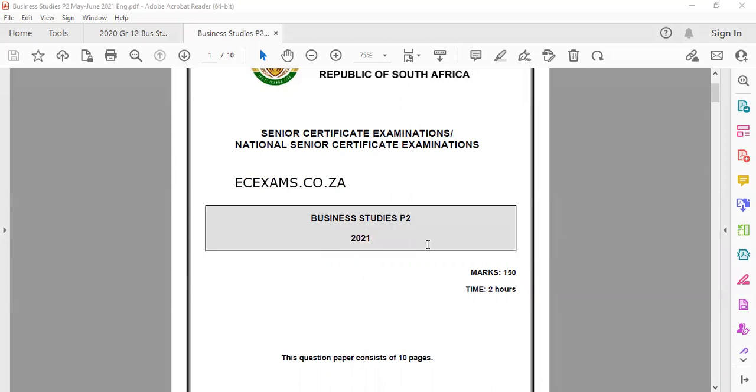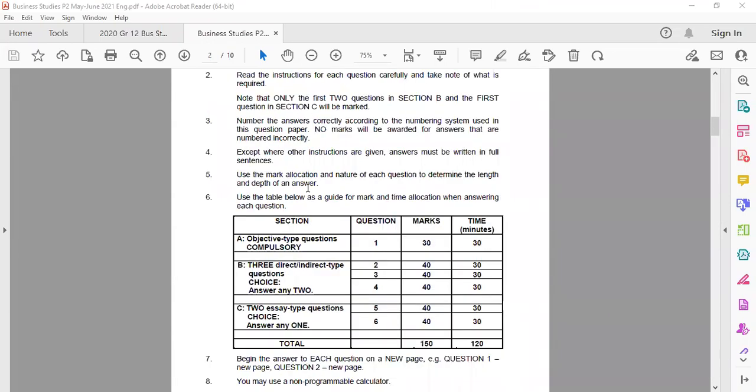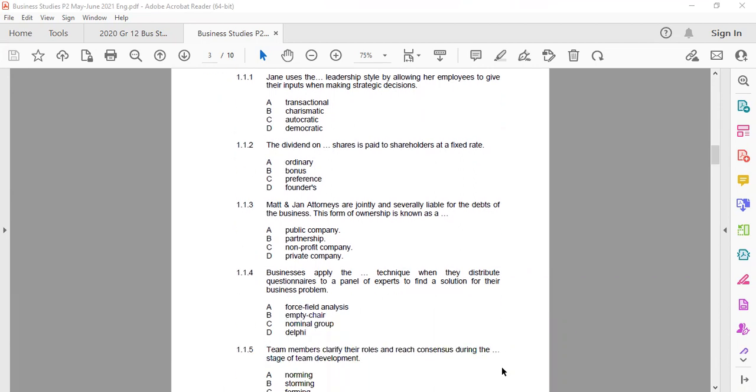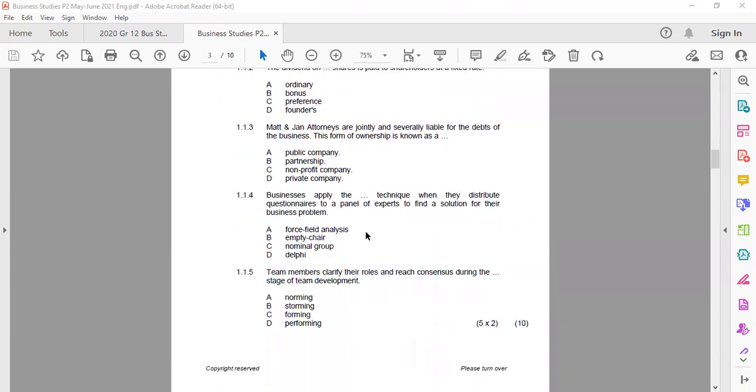I think it's the middle of the year exam, which is similar to the senior certificate examinations, right? It's the same information because they're writing the same subject, same structure of paper, everything. So what I would like you to do is download this paper, or if you have it, open it, and then just go through the information and check.